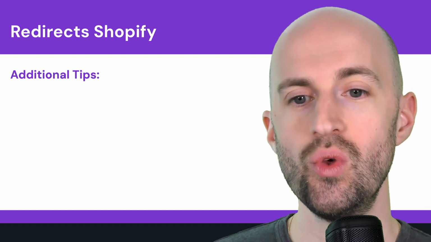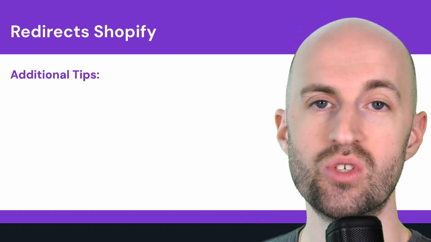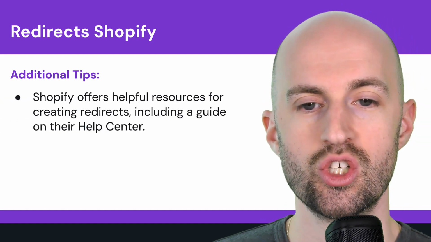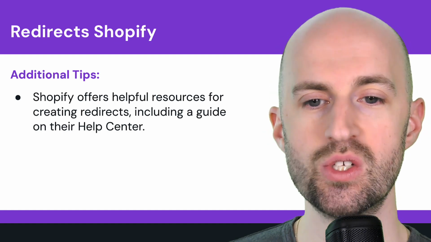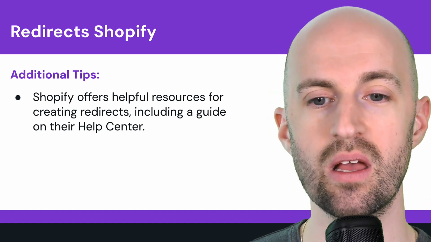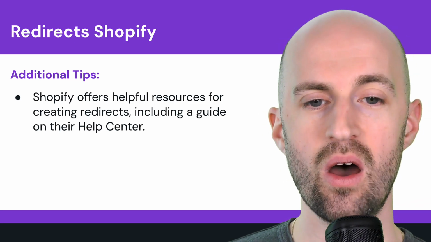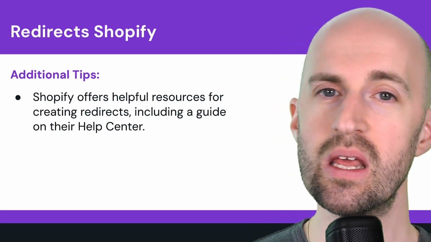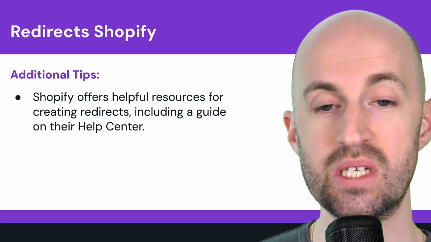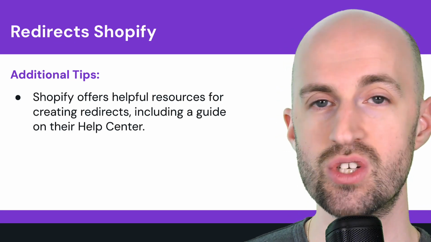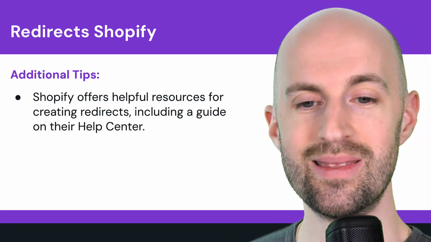Here are a few additional tips when it comes to Shopify redirects. Shopify offers helpful resources for creating redirects, including a guide on their Help Center. If you want a more in-depth guide in addition to this video, check out their Help Center and their redirections guide there.